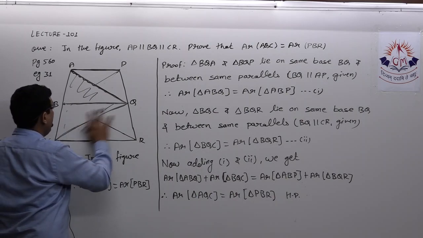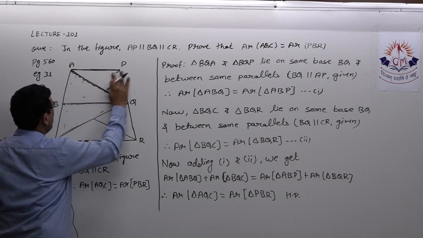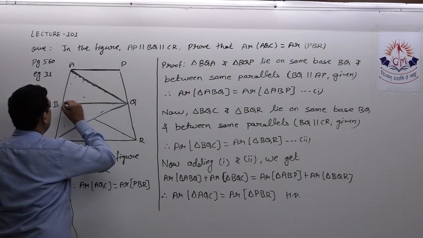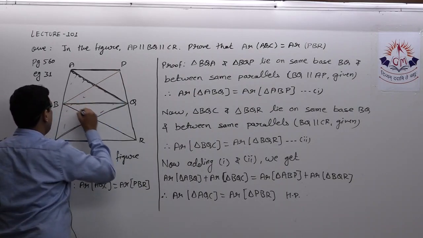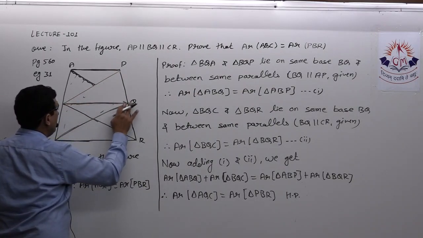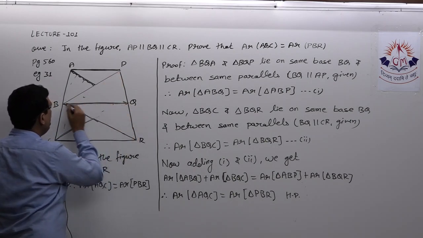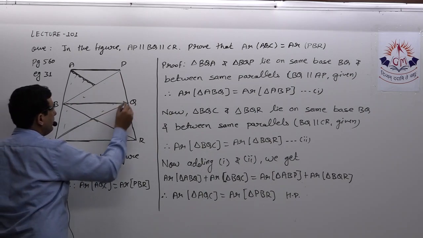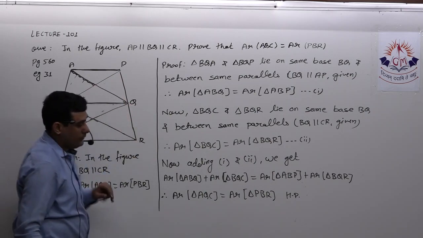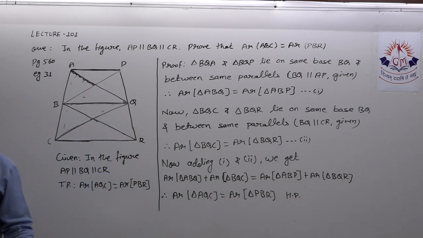Similarly, when I am adding these two, that is PBQ and QBR, I will get PBR. So in this way, I will get the required result. So please note it down.